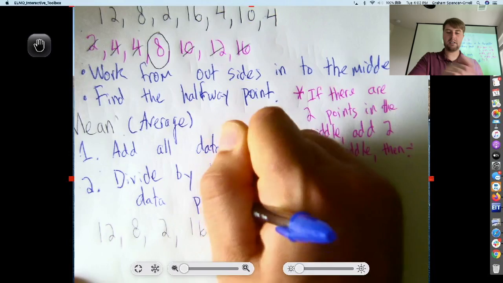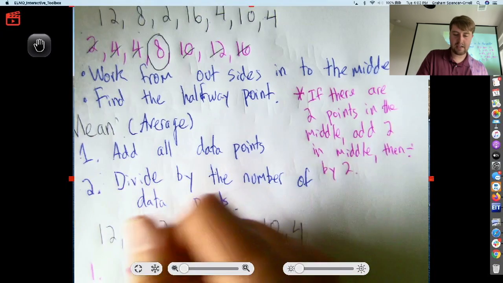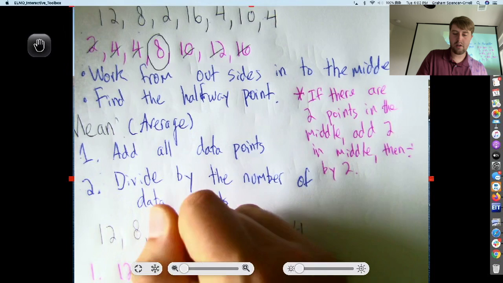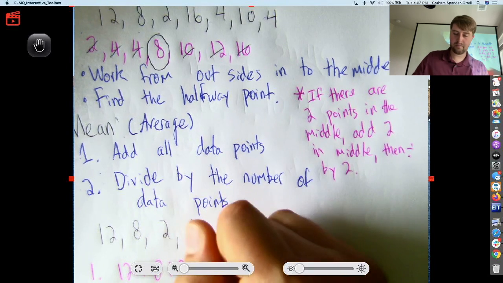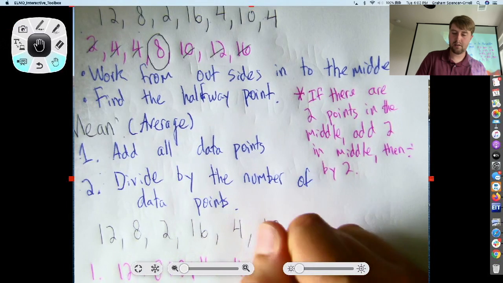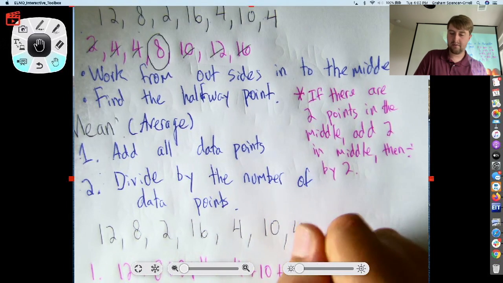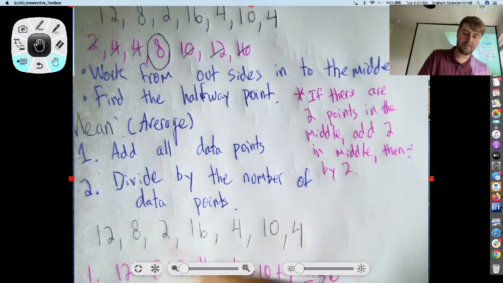So down here, our example. First step, we're going to do 12 plus 8 plus 2 plus 16 plus 4 plus 10 plus 4 equals 56.